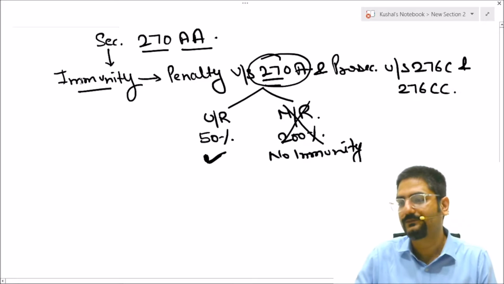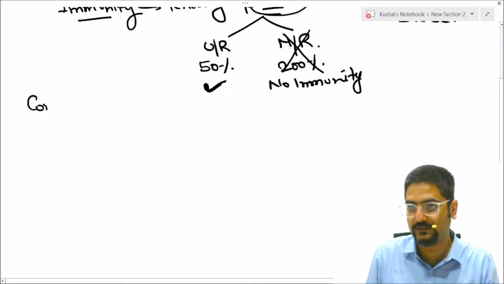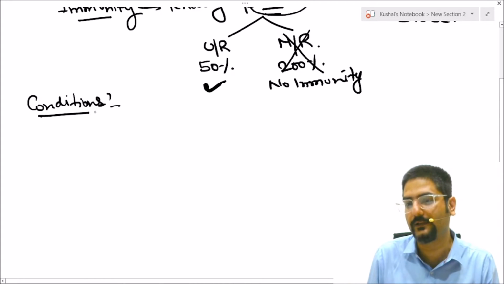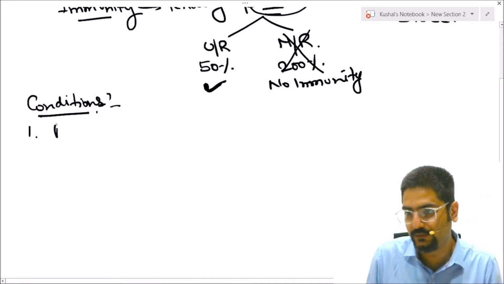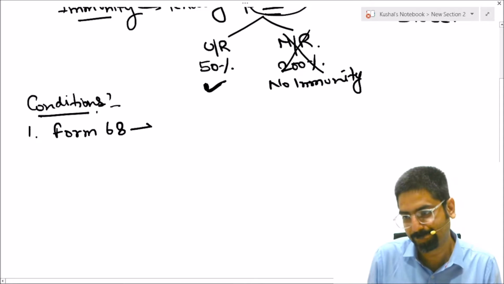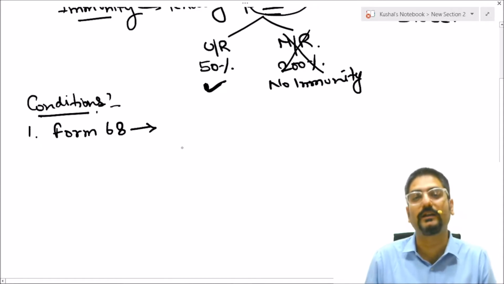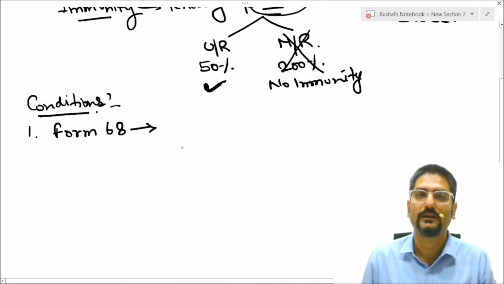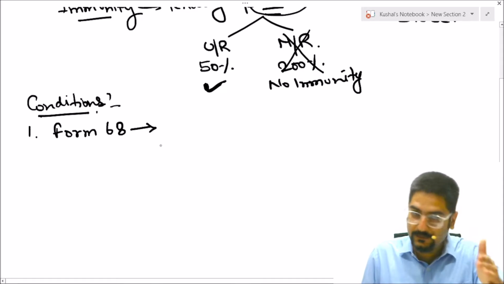Now let me explain the conditions that you need to satisfy if you want to obtain immunity. The first and foremost condition is that you need to file Form 68. There is one prescribed form in which you need to file an application to the AO. And what is the time limit for filing it?